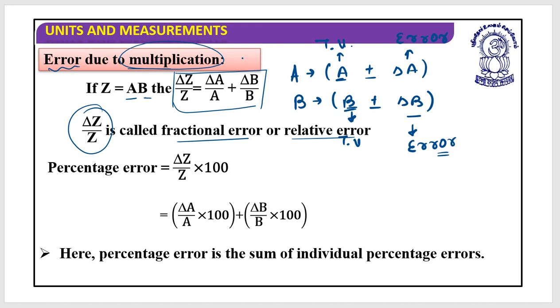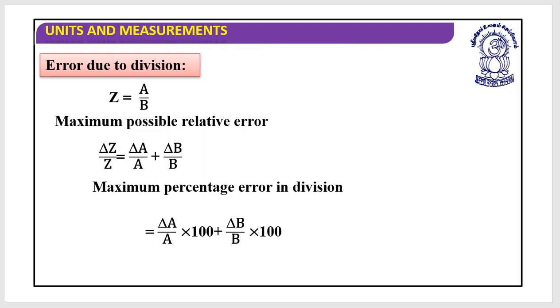If I am asked for the percentage error, I just need to multiply the relative error by 100. So it is delta A by A plus delta B by B, into 100. This is what we call the percentage error. Let's look at how that can be used.